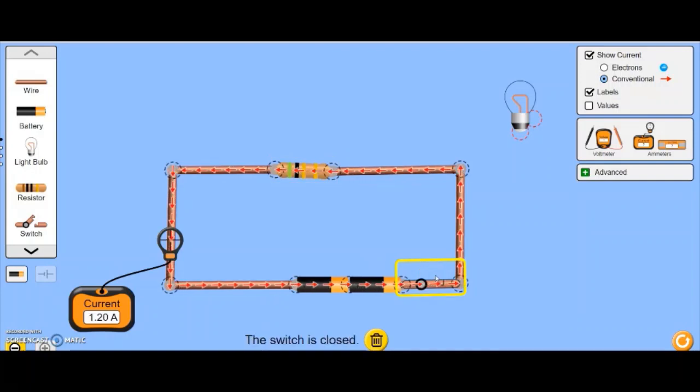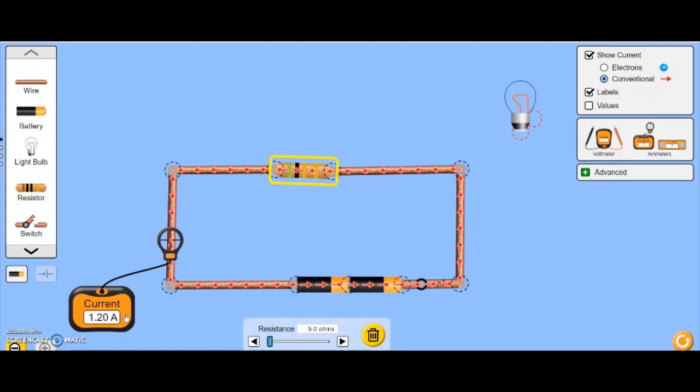For this 5 ohm, the value of current is 1.20 ampere. You can see the flow of electrons also, and the conventional direction of current is positive to negative. So for this 5 ohm resistor, the current flowing through it is 1.2 ampere.